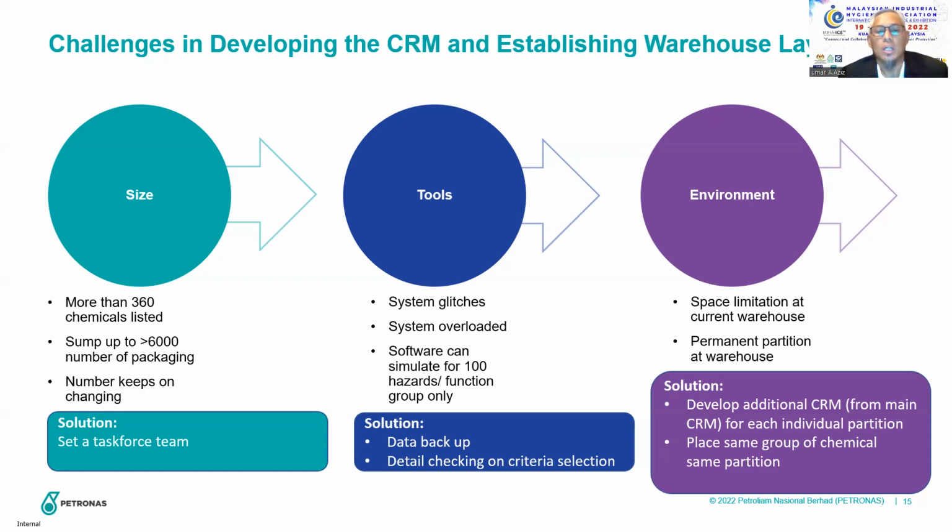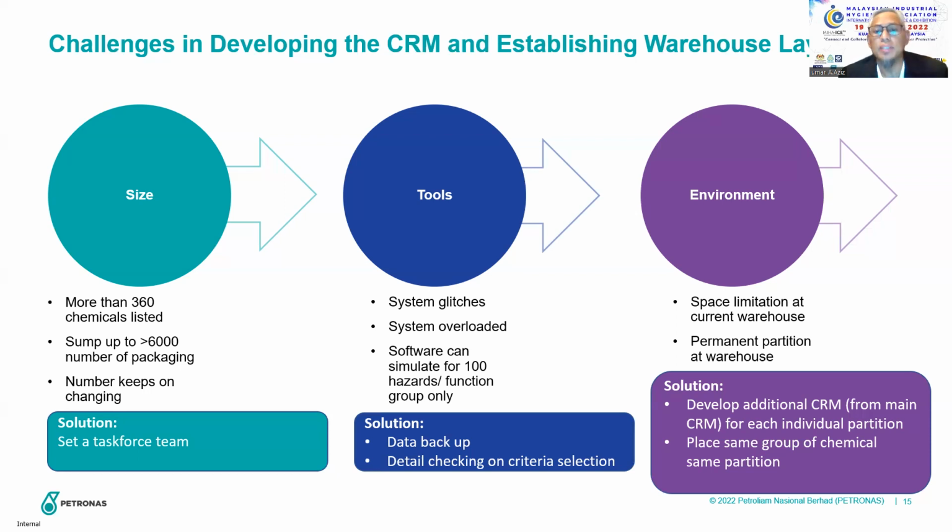So in order to overcome this obstacle, we have developed a data backup. We have set up teams to have backup data and an extra computer, and we do detailed checking on criteria selection so that we do not burden the software.